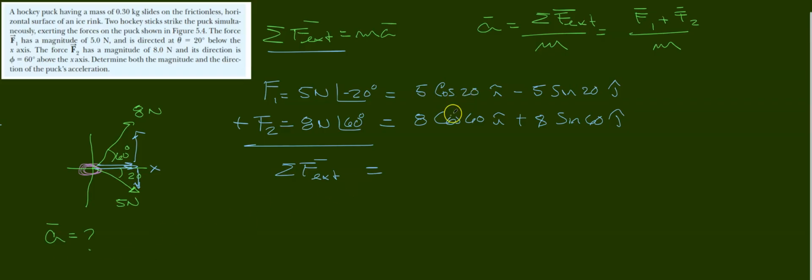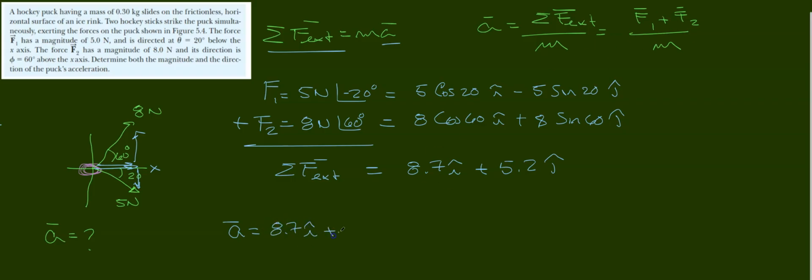When you add 5 cosine of 20 plus 8 cosine of 60, we get 8.7 in the i direction. And then when we do 8 sine of 60 minus 5 sine of 20, we're going to get 5.2 j.